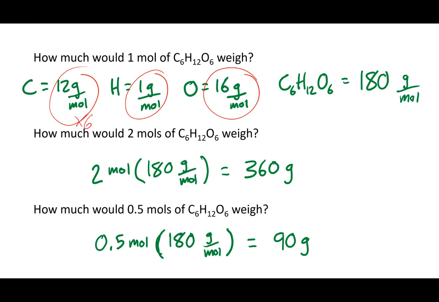So this would be multiplied by 6, multiplied by 12, and multiplied by 6. Add those up together, and you get 180 grams per mole. Isn't that neat? Okay, this is very powerful, and we're going to use this a lot the rest of the year, so make sure that you understand this and ask me questions if you have any.